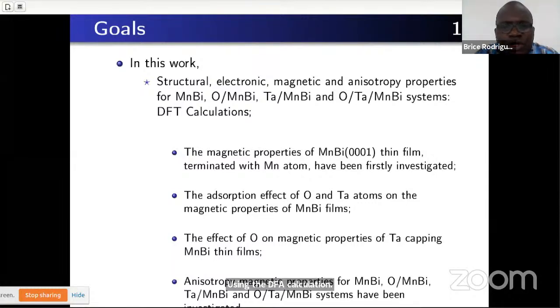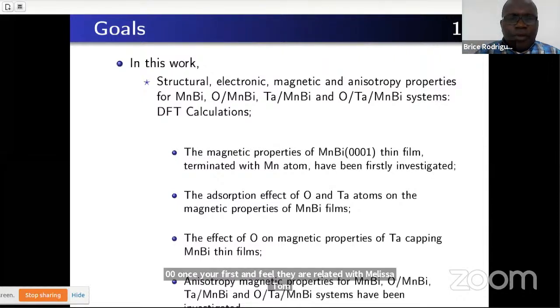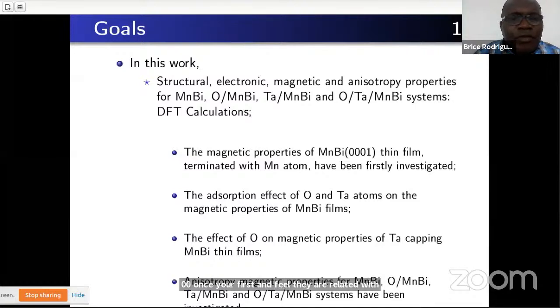So in this work, we studied the magnetic properties of the manganese bismuth 001 surface, 10 films terminated with manganese atoms. Then we studied the absorption effect of oxygen and tantalum atoms on the magnetic properties of MnBi films.